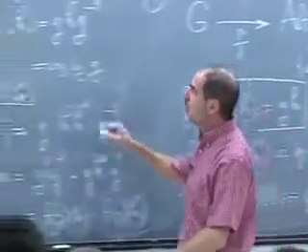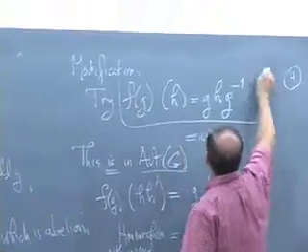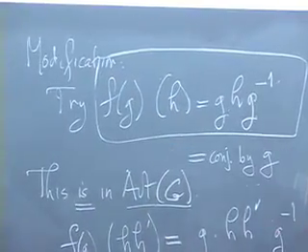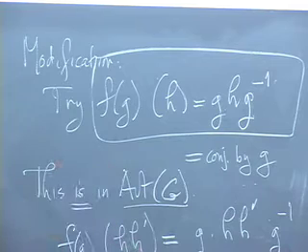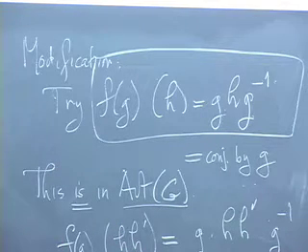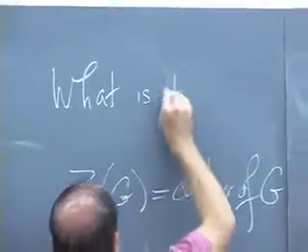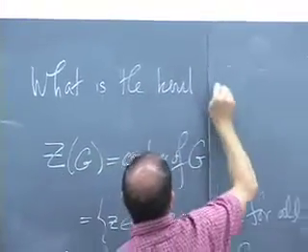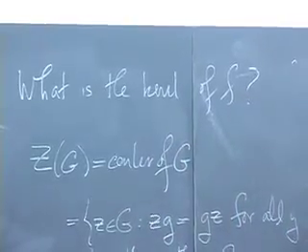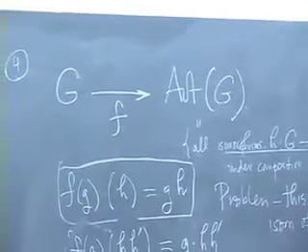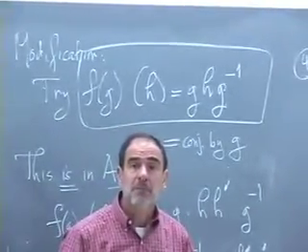And remember this definition. What is the kernel of f? Well, it's the elements of G such that when you conjugate by them, you get the trivial automorphism.